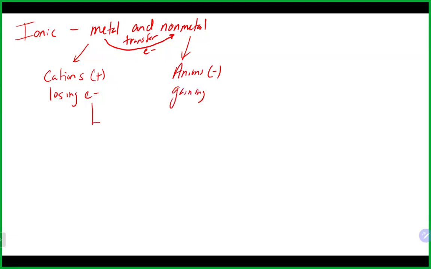And the important thing here, when we have an ionic compound between a metal and a nonmetal, is there's absolutely no sharing of electrons in this situation. So the electrons have been completely transferred from the metal to the nonmetal. The result of this is that opposite attraction is what holds that together. And that's what is sometimes referred to as the electrostatic attraction.